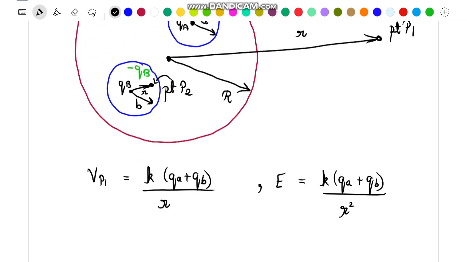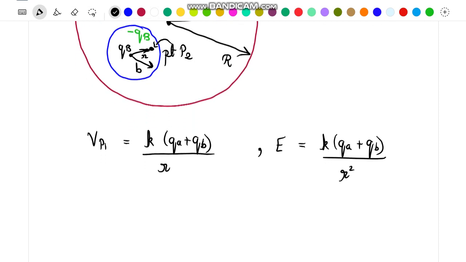So for this particular point we can say that the potential at point P2 will be, first, the potential due to the charge present on the outermost surface of the main conductor, that is K (QA plus QB) divided by R, plus the potential created at this point due to the induced charge minus QB.